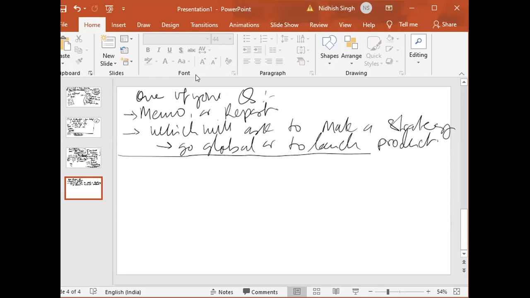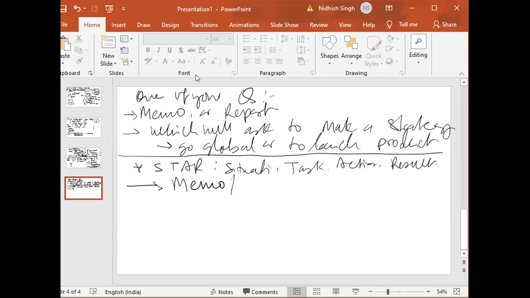Generally, it is suggested that we follow some methodology and approach, whether it is the STAR technique: what was the situation, what was the task, what is the action required, and what results are expected. Or you can follow something like this, especially in case of a memo or report.